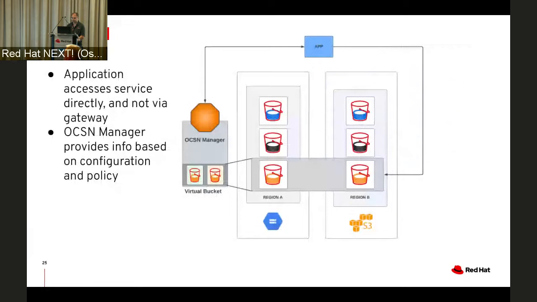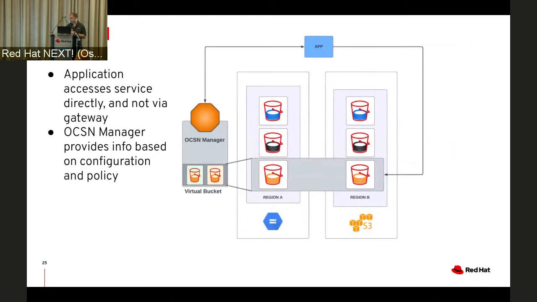The OCSN manager is, as I mentioned earlier, the entity that controls and manages the system configuration. It stores the state of the system structure. It provides the interface to the different entities.